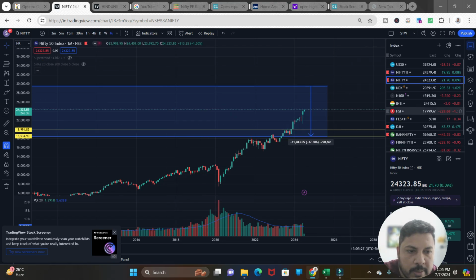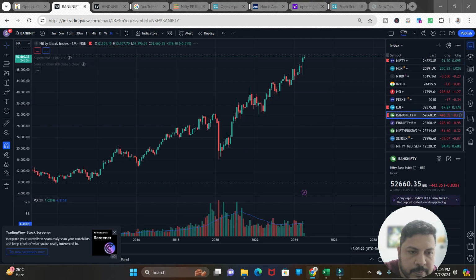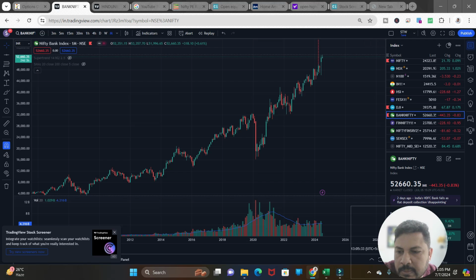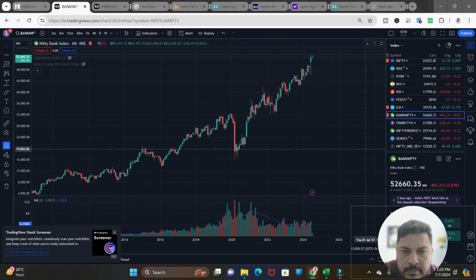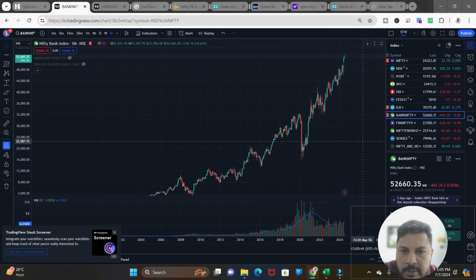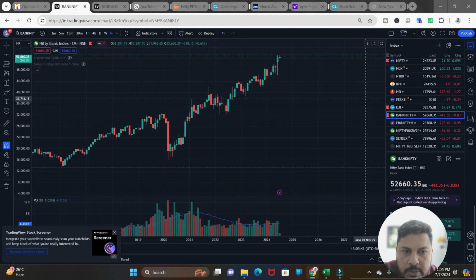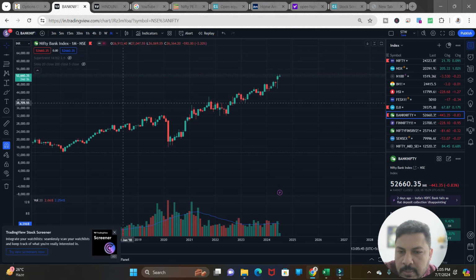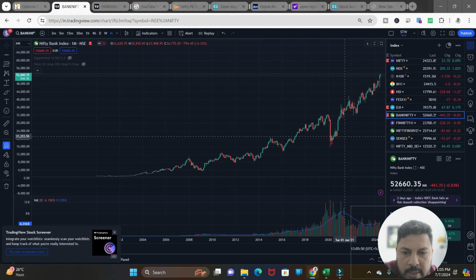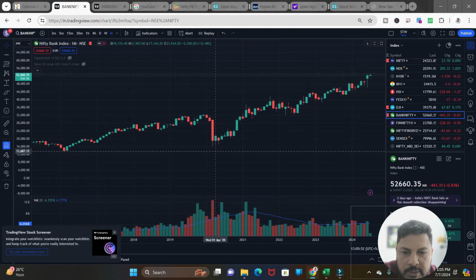And let's look at Bank Nifty. Bank Nifty is also in the same pattern. The chart is looking like a rocket. People who have invested post Corona, all of them are in profit because the market has been trending only in an upward direction.